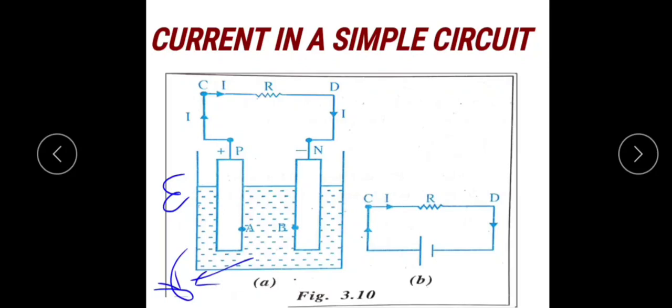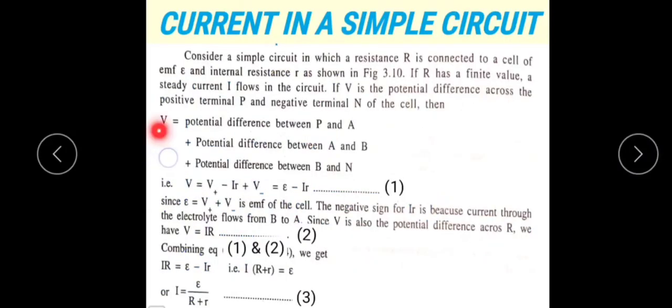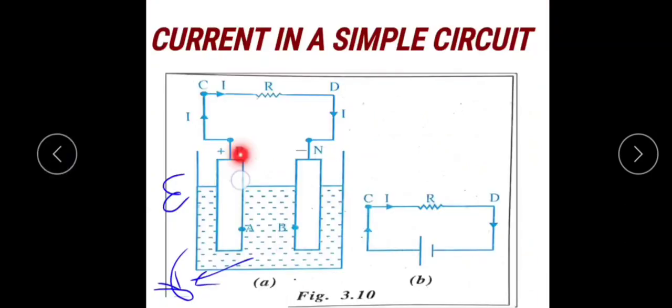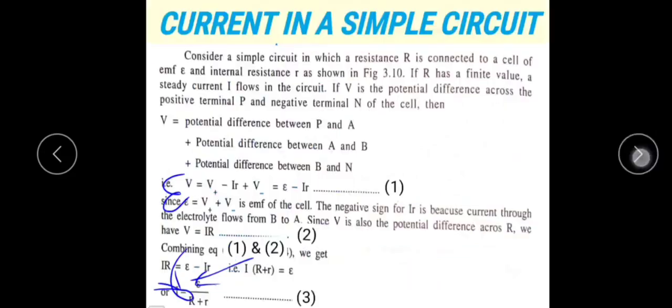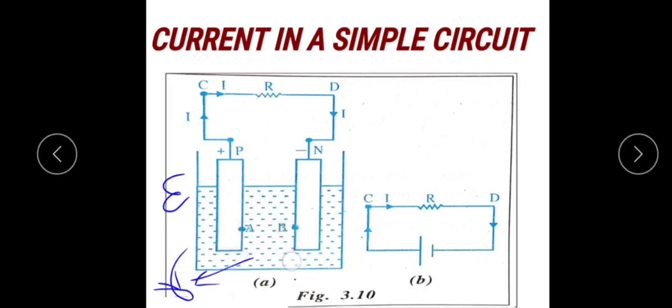The potential difference V is equal to the potential difference between P and A, plus the potential difference between A and B, plus the potential difference between B and N. So this is P to A to B, and B to N. This is the total potential difference.